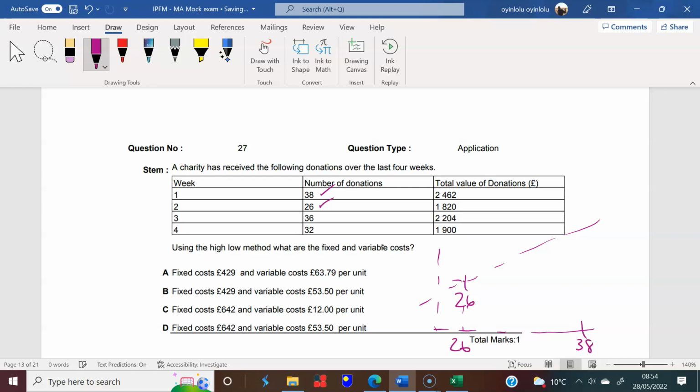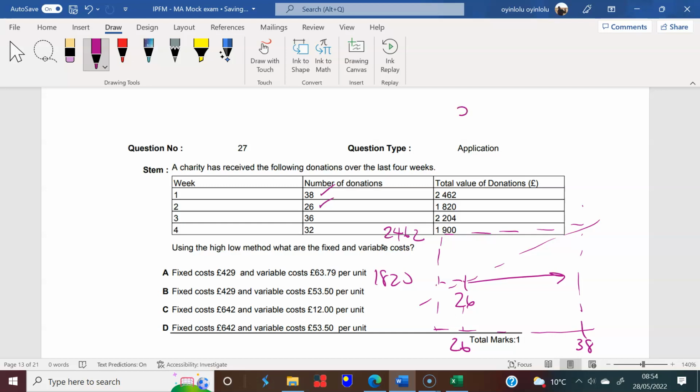Then you have a total cost when it's 26 of 1820, and a total cost here of 2462. So the question is, what is the cost of one donation?